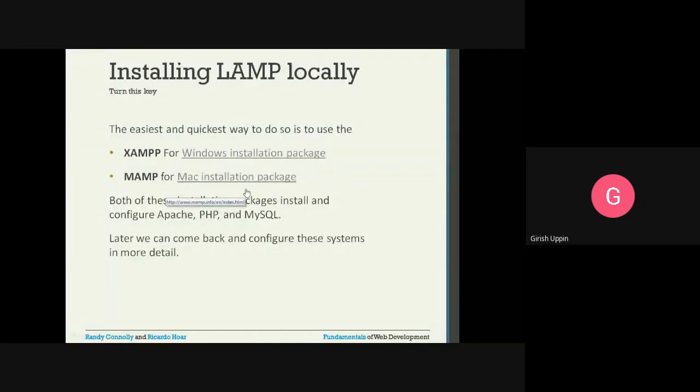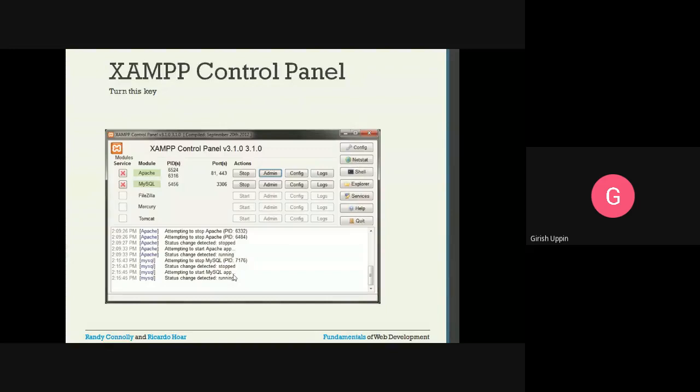According to whichever laptop you have, choose the right version. Both these installation packages install and configure all three: Apache, PHP, and MySQL. Later we can come back and configure the systems in more detail, if it is required, and make more configuration changes.